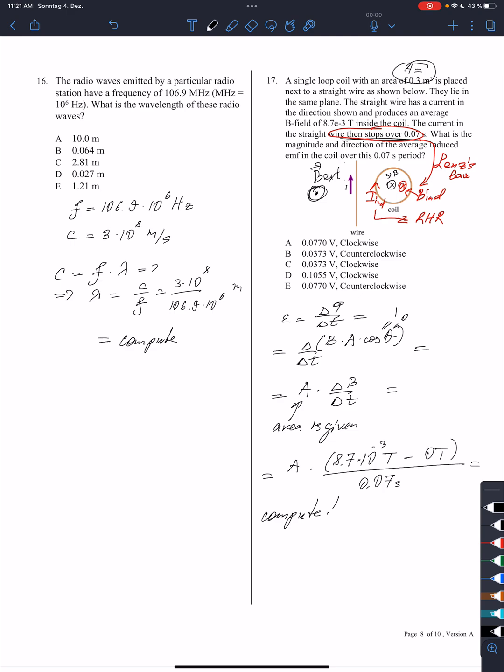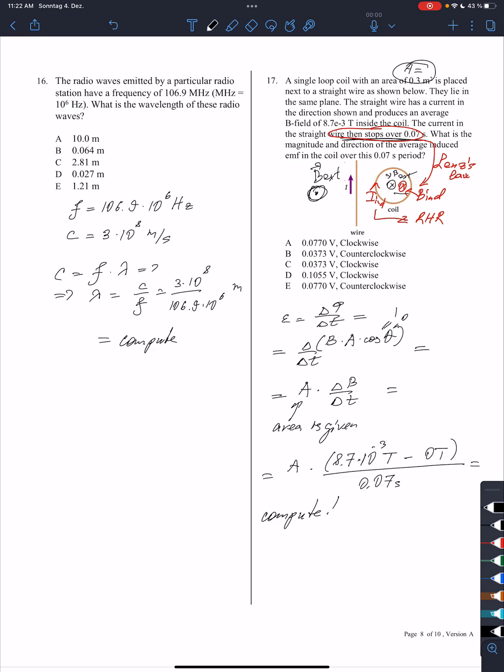Because of the decreasing flux, make sure that you understand this rule, the induced magnetic field will have the same direction as the external one. We need to indicate that direction inside the loop, and this is what I've done. Inside the loop, it has the same direction as the external one for the decreasing flux.